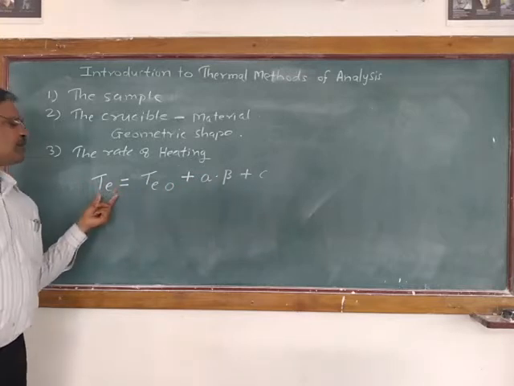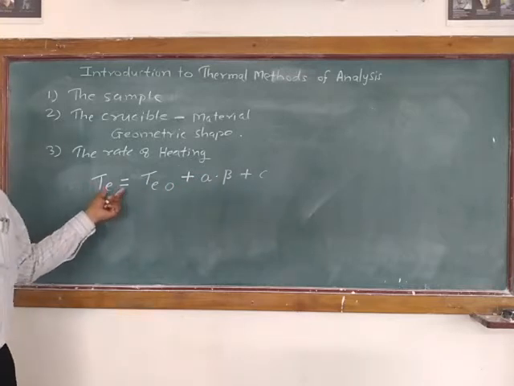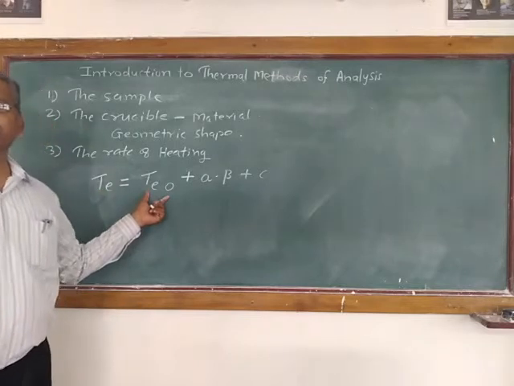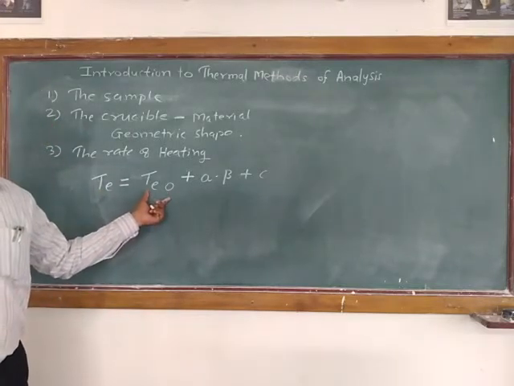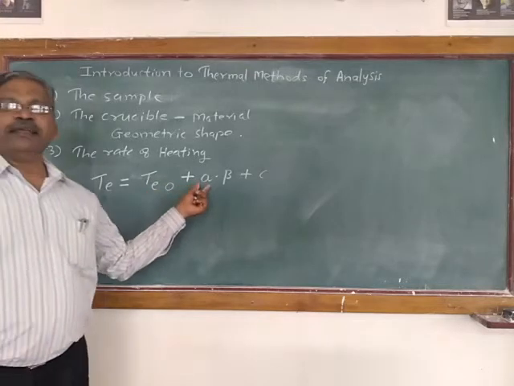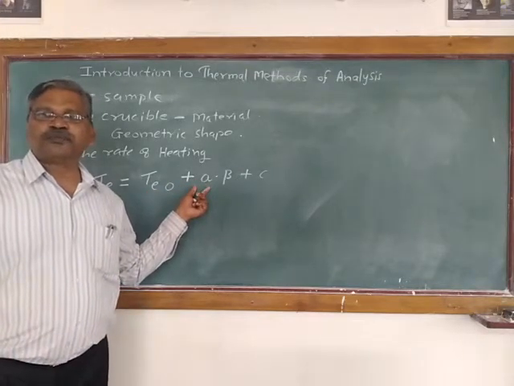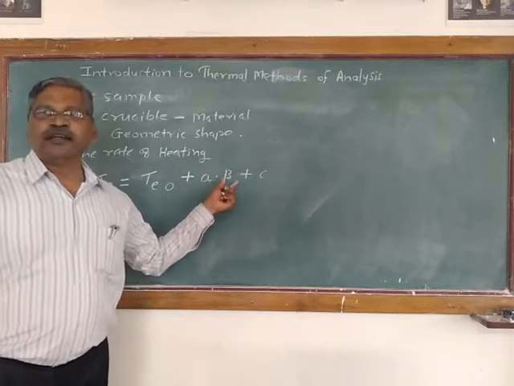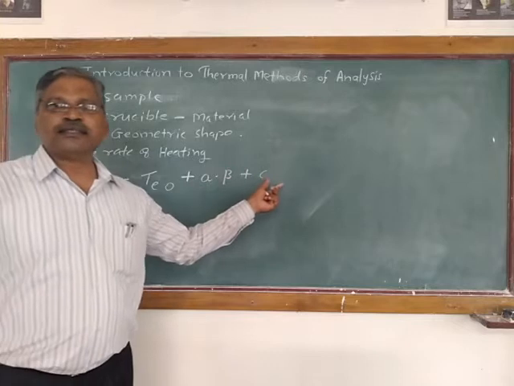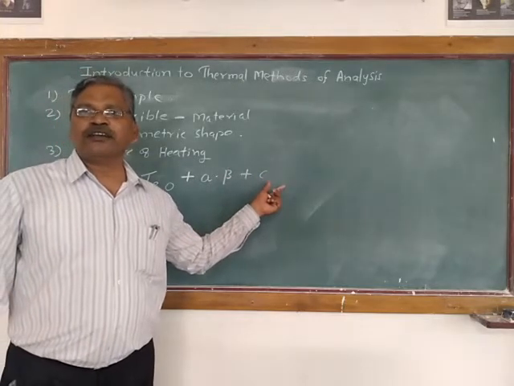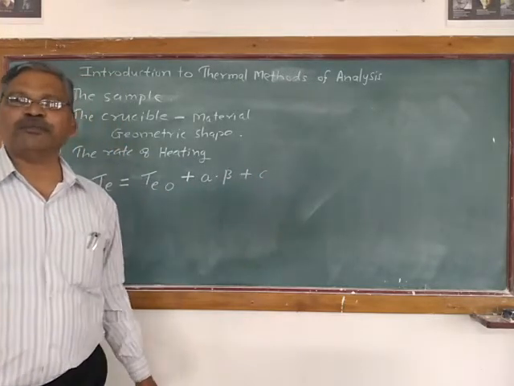So this is the observed temperature. TE0 is the corrected temperature when beta is equal to 0, A is a constant, beta is the heating rate in Kelvin per minute, and C is the correction determined by the calibration method.